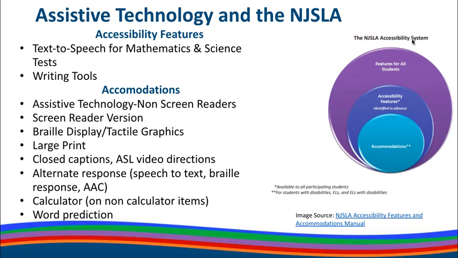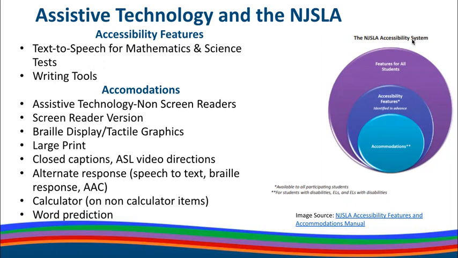They include assistive technology screen readers, Braille versions of text, tactile graphics, large print, closed captions or ASL directions, the use of calculators on non-calculator identified items, word prediction, or alternative response such as speech to text, Braille response, or the use of AAC, augmentative or alternative communication devices to respond.